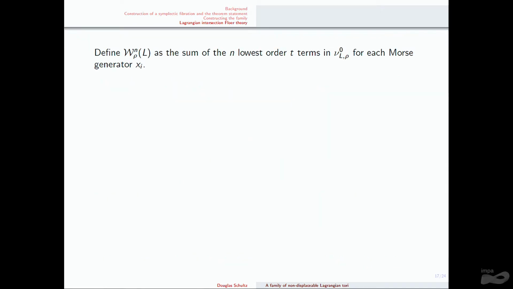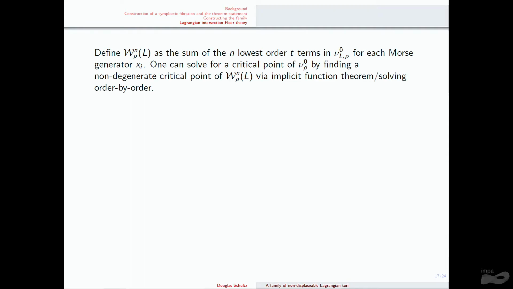So let's define this calligraphic W_n as the sum of the n lowest order terms, order I mean in T, in the potential for each Morse generator. So you have this finitely generated module over Lambda, and for each generator I cut off after so many degrees of T. And this is well defined since in this case it's going to be rational, so you have discrete in some sense.